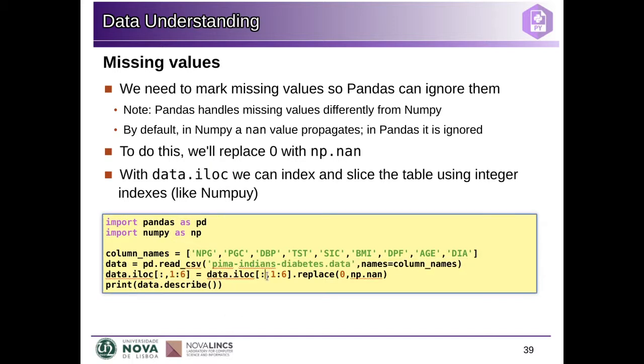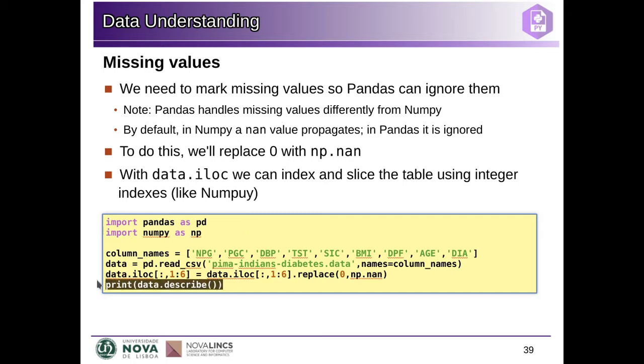We are going to get all the rows and columns 1 through 6. Now, so columns 2 through 6, sorry, because remember that indexing starts at 0, so the first column will be index 0. And here we're going to replace all the zeros with not a number. This is the way we're going to identify missing values in our table.